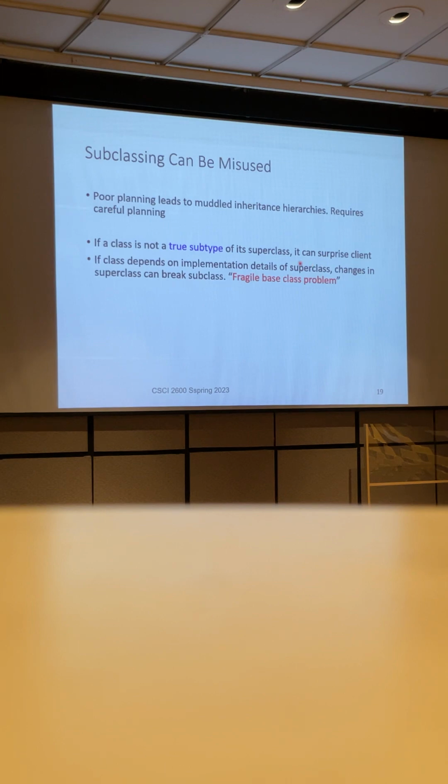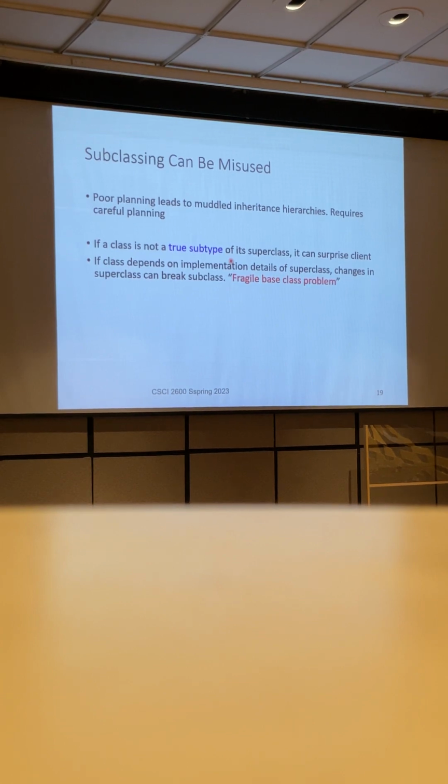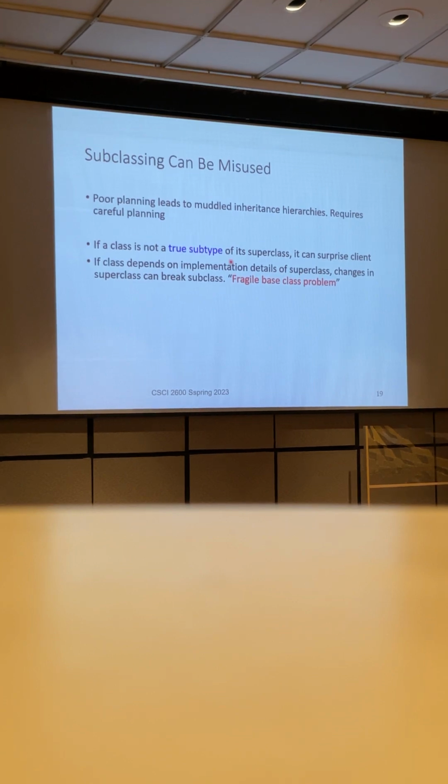Just to give you a heads up, all those subtle problems you can avoid if you do not create Java subclasses which are not true subtypes. If you follow the rule that your Java subclasses should be true subtypes, then your code is safe and your methods are substitutable. If not, then you might find yourself looking at some of the problems that we are going to discuss. The first one is the fragile base class problem.